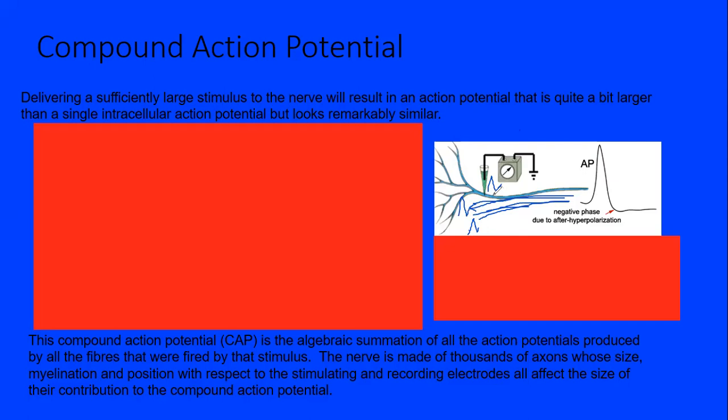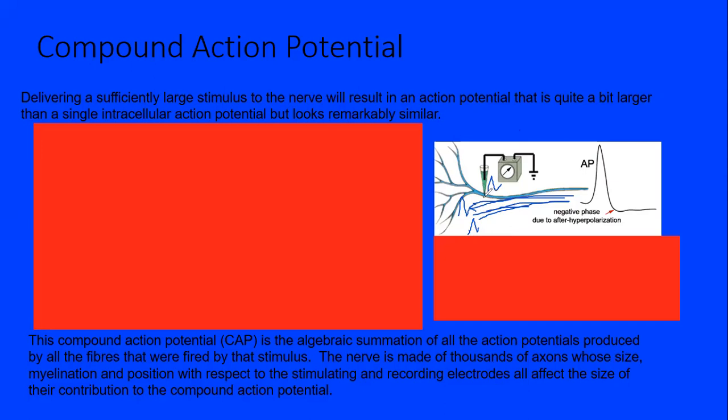Because each of them is creating a depolarization, the charge that you are going to detect will be a summation of all these depolarizations. So this one allows sodium to get out, and this one allows sodium to get out, and the same here.